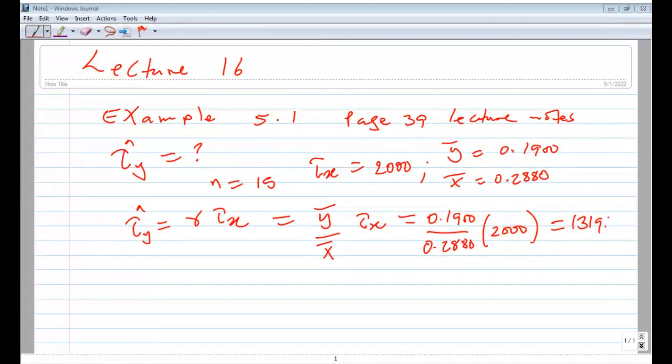Yeah, so it's in 3 decimal places. How many fours? Okay, 4. That's it. That is the estimated total weight of apple juice.